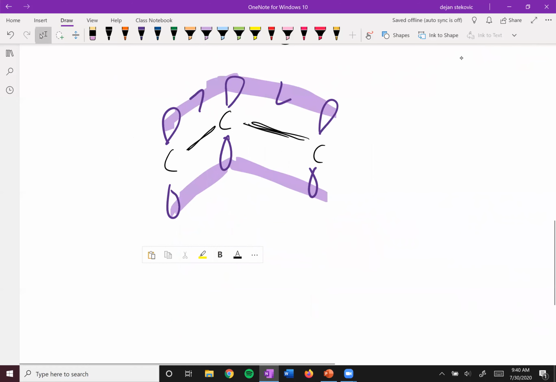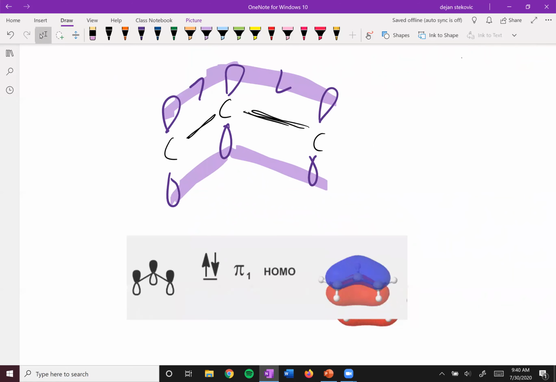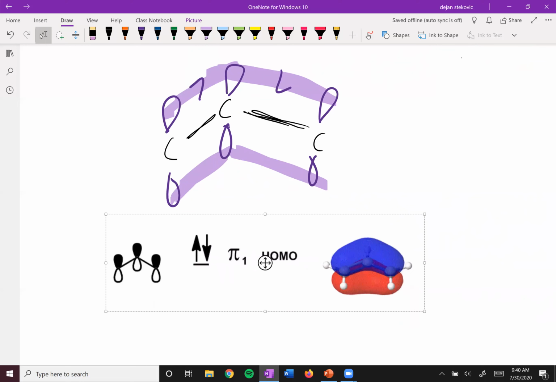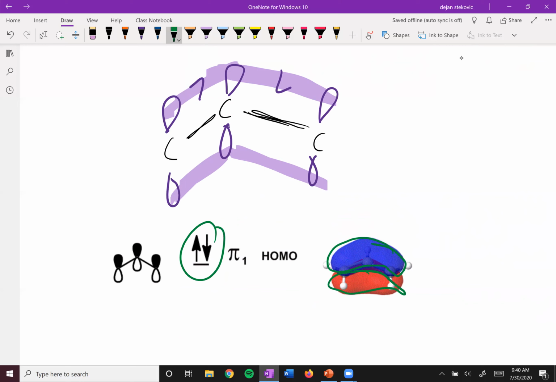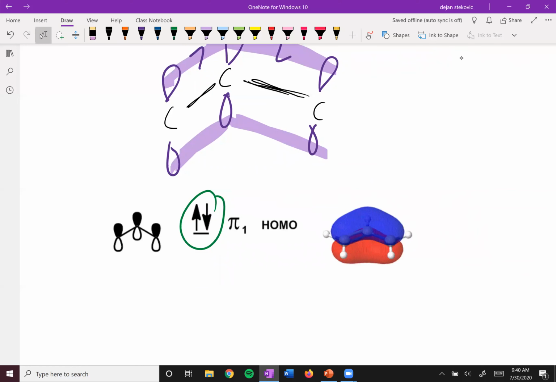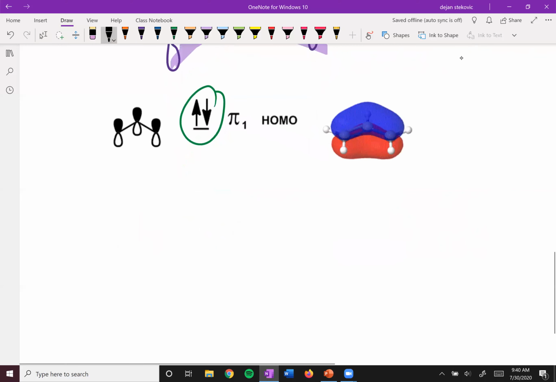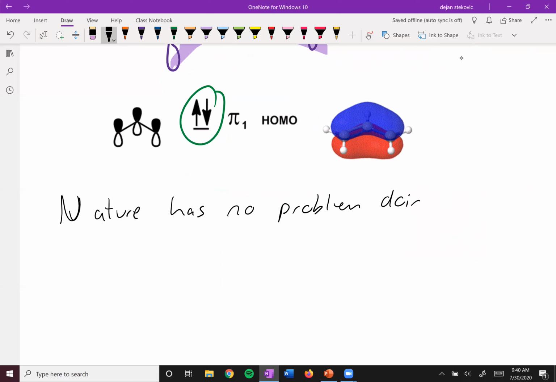If you think about a more advanced theory of bonding, molecular orbital theory, it actually has no problem showing this, right? So here's the molecular orbital for these 2 electrons, right? And you see that the electron is all throughout all 3 carbons, right? So what we say is that nature has no problem doing this.